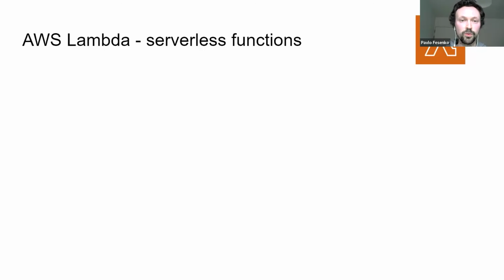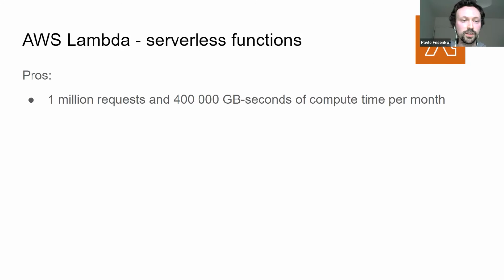You don't need to install an operating system or any kind of dependencies. It will just run your code, and it can also scale it. There are a lot of things that are available right out of the box. So you just focus on the code, and AWS Lambda takes care of the rest. There are certain advantages of Lambda functions.